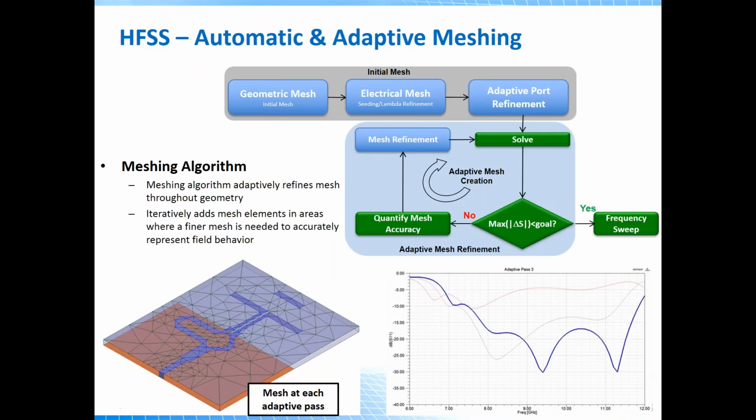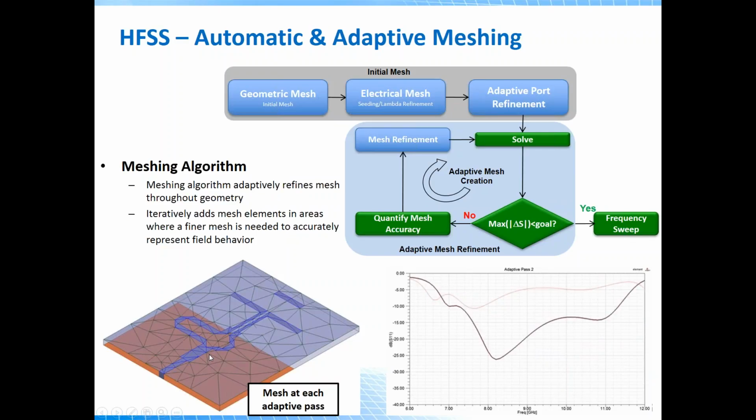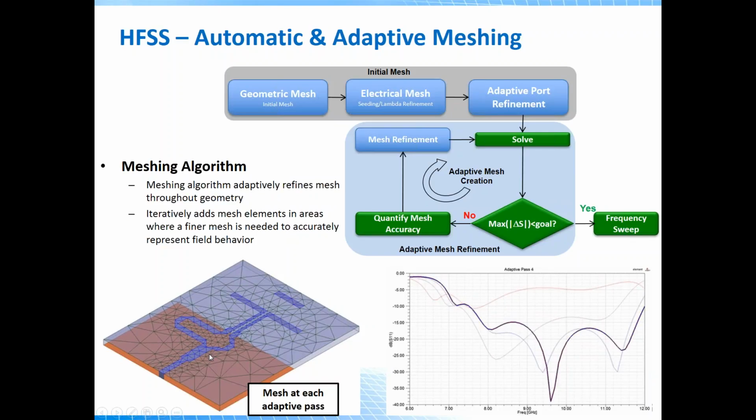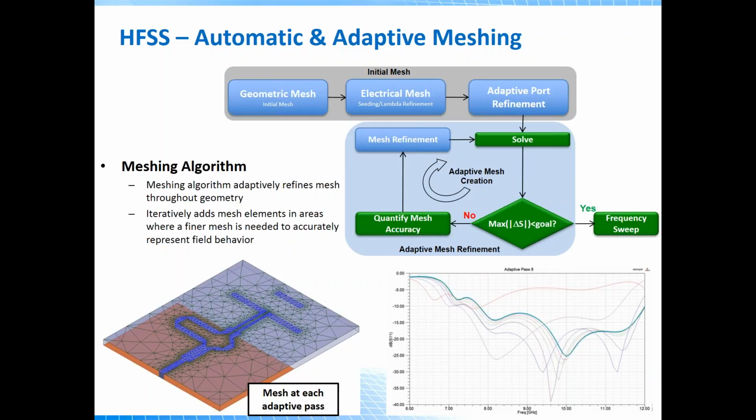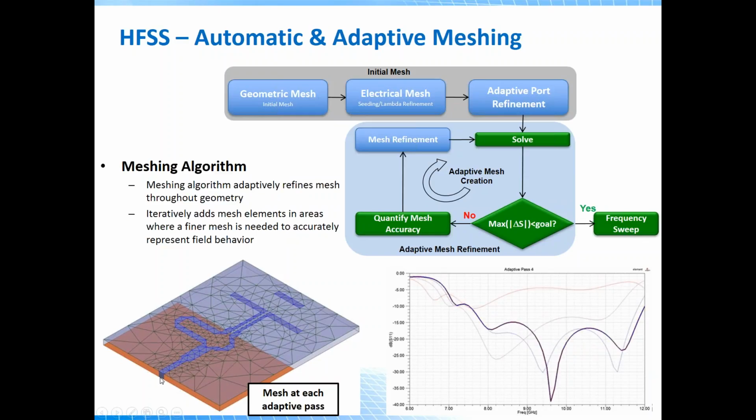So, automatic and adaptive meshing. Basically, HFSS starts with the initial mesh and does the mesh refinement. It iteratively adds mesh elements in areas that need more mesh. For example, in this antenna design, you can see it makes a finer mesh around the metal parts.